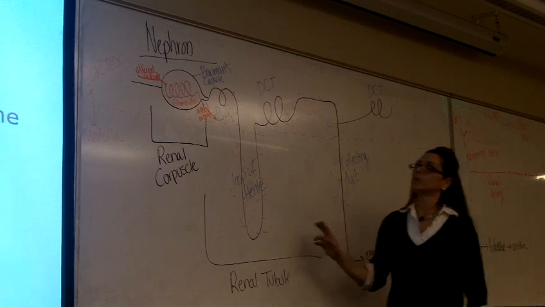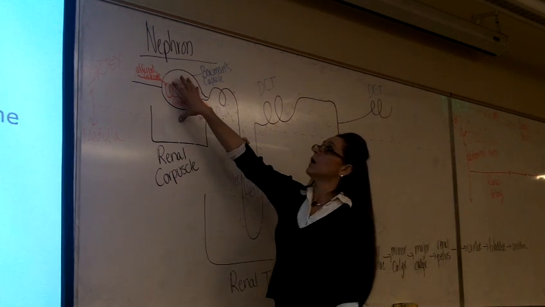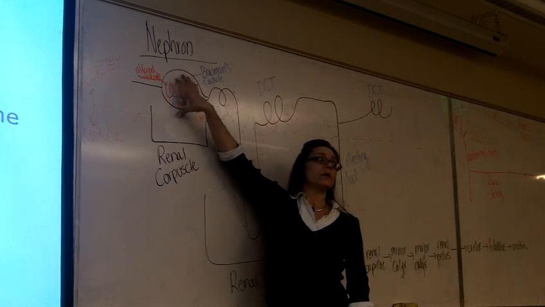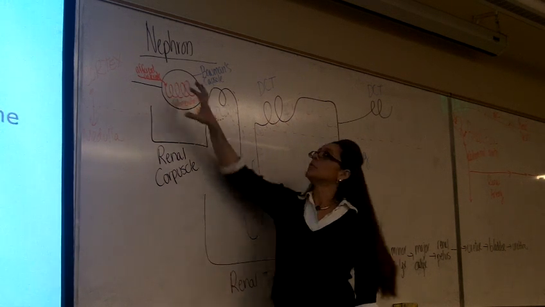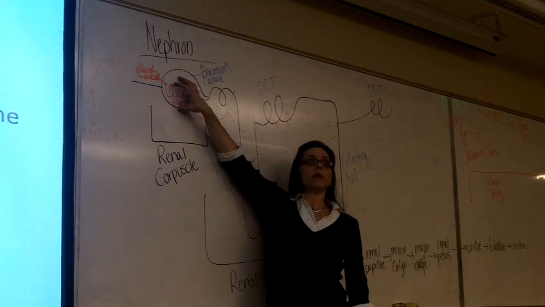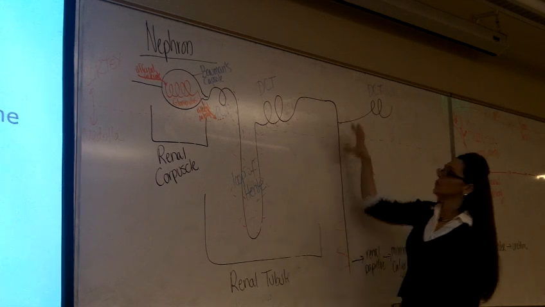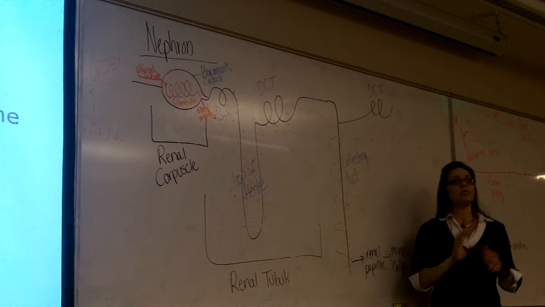Secretion happens because even though a lot of material is going to get filtered here, not everything is going to get filtered. So maybe we didn't get all the organic waste out of the blood here. While that filtrate is moving through the tubules, we can do secretion.